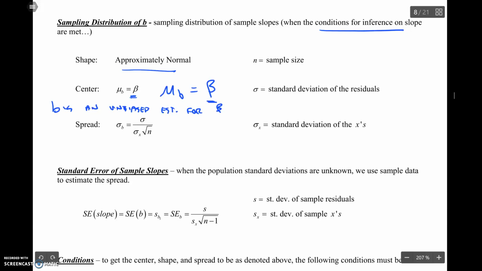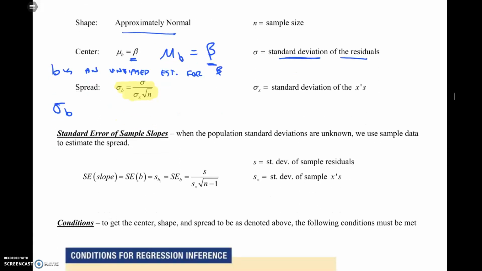And this is the standard deviation of my sampling distribution: sigma, the standard deviation of the residuals for the entire population, divided by the standard deviation of the x's for the census data, times the square root of n. This formula is not on your formula sheet, and to be honest, you don't need to have it memorized either. You'll never need to use it for a test. I'm just giving it to you as an FYI.